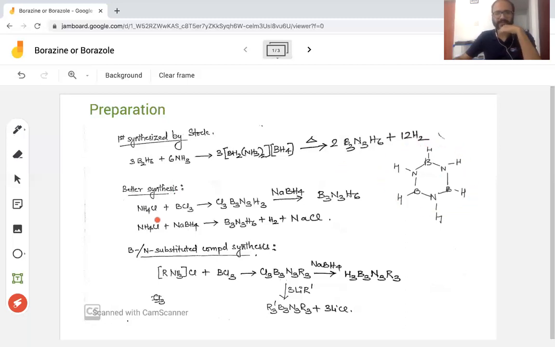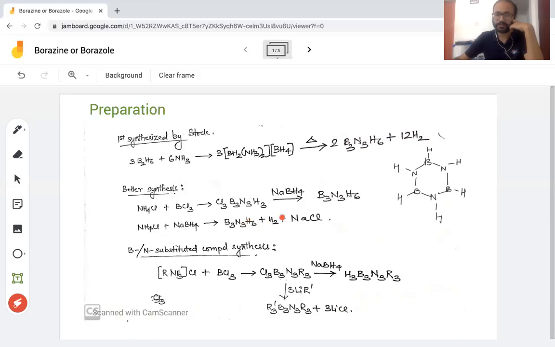A better synthesis is where we treat ammonium chloride with boron trichloride. We generate a particular Borazine species, which can be converted to pure Borazine by reduction with sodium borohydride. Initially, when you treat ammonium chloride with BCl3, it forms a trichloro substituted Borazine.